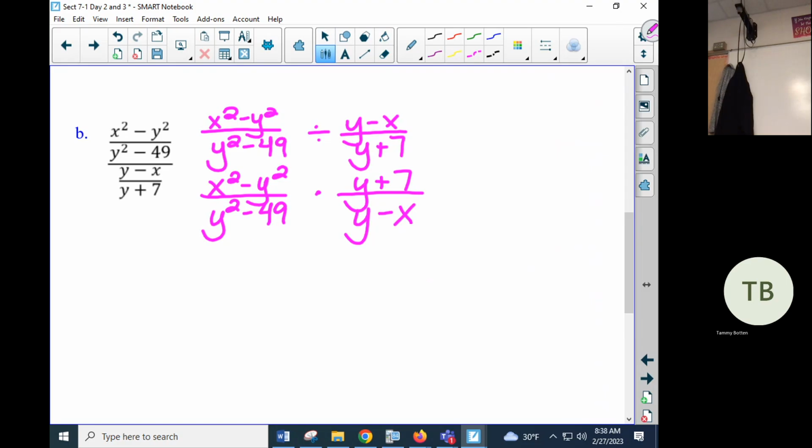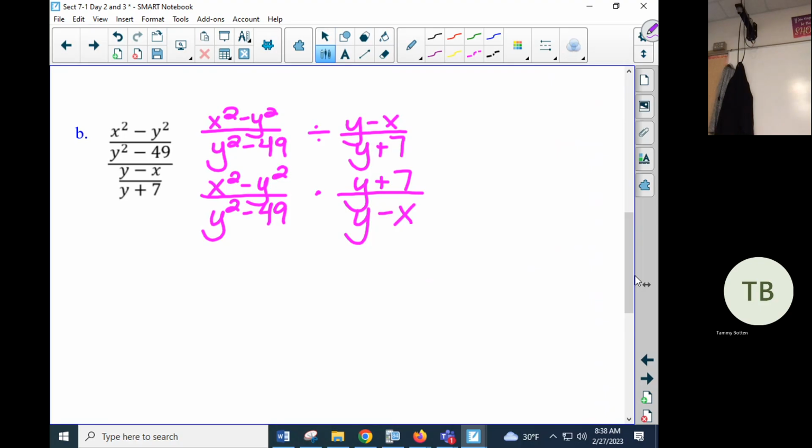Okay. Now, what I'm going to do when I look at two things connected with a minus sign is I'm going to think, is it difference of squares? So we have my x is squared and my y is squared, which is what we want when we have difference of squares. We have a negative sign. And the numbers in front of that x and y are ones.